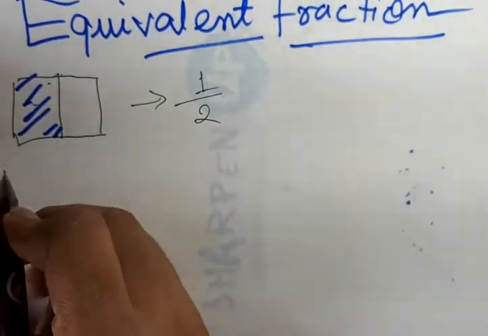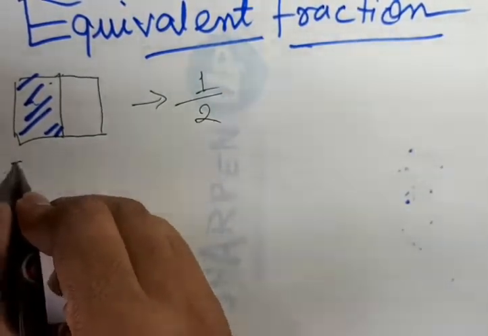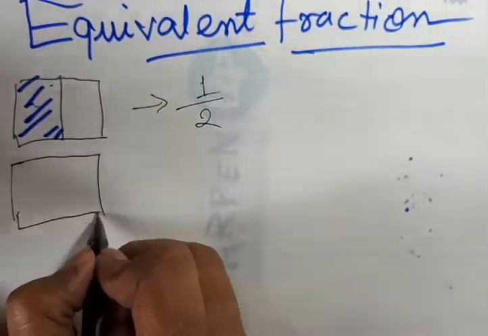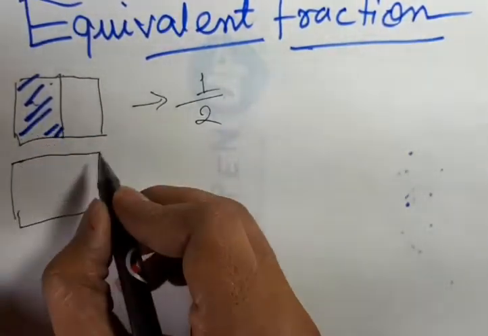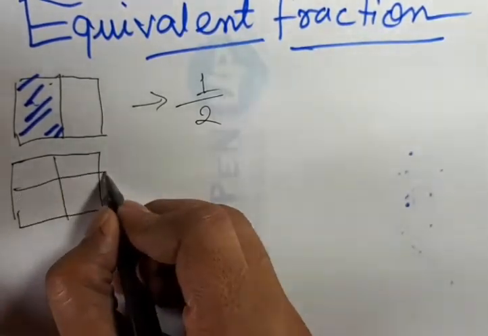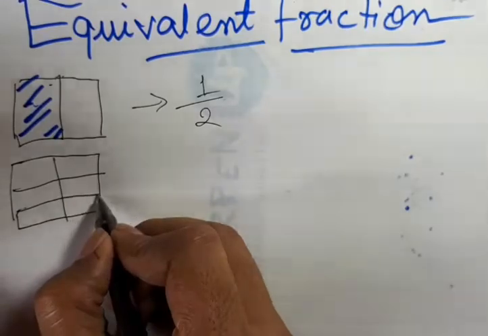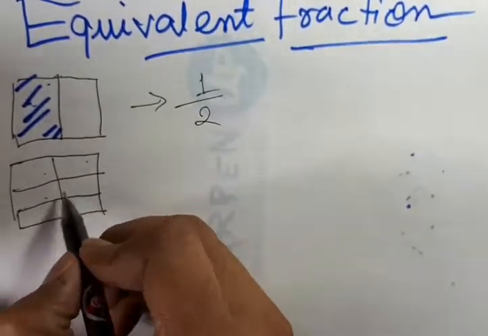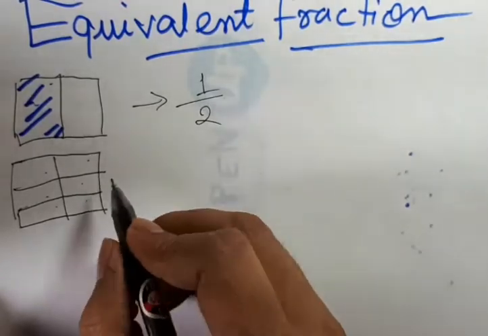Let's take another condition. Suppose I have the same burfi with the same size, and in this condition I made 6 equal parts of it. So that means 1 2 3 4 5 6 equal parts.